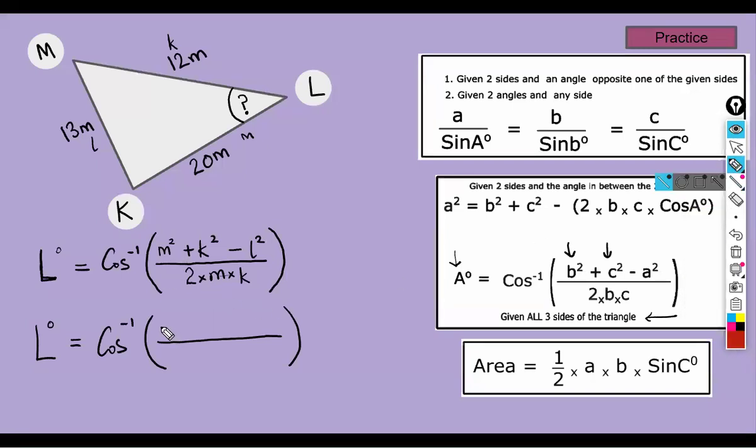M is how much? 20 squared. K squared, common k, is 12 squared, minus L squared, 13 squared. Using a different color for the underneath. 2 by common m is how much? 20. And common k is 12. All I did was replace the letters with the values.